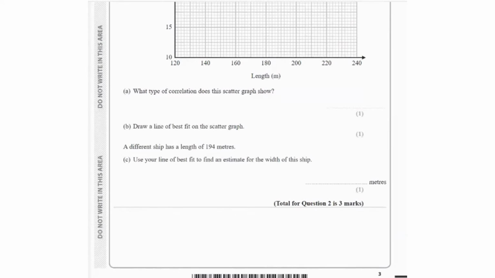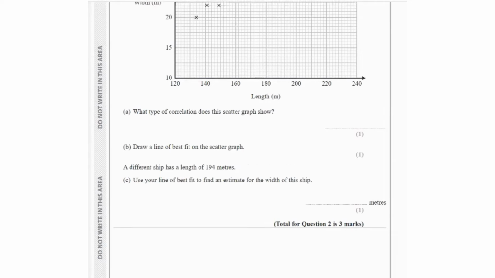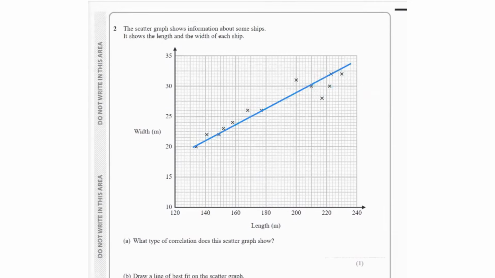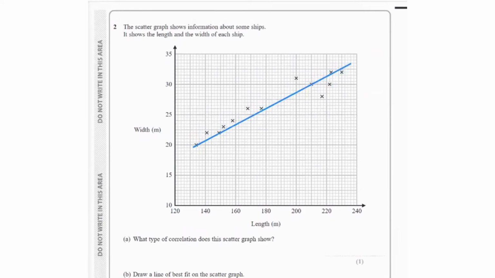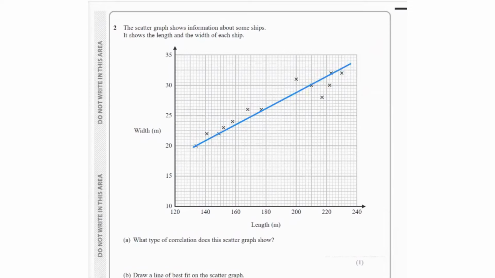Then it says that a different ship has a length of 194 meters. Use your line of best fit to find an estimate for the width of this ship. So we draw a line from 194. This is 190, 192, 194.